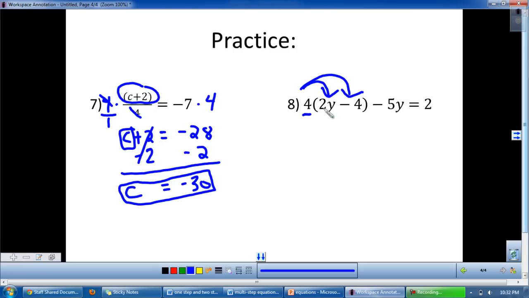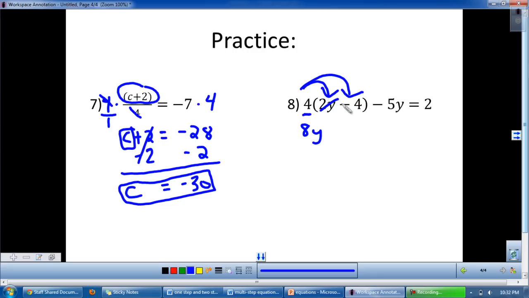So we'll take 4 times 2y, that is 8y, and look what I'm going to do here. I'm going to cross out the 2y, so I know that I've already multiplied the 4, okay, to the 2y. So now I need to take the 4 times the negative 4. Now, some of you guys might be confused. Wait, is this a negative or is this a minus?